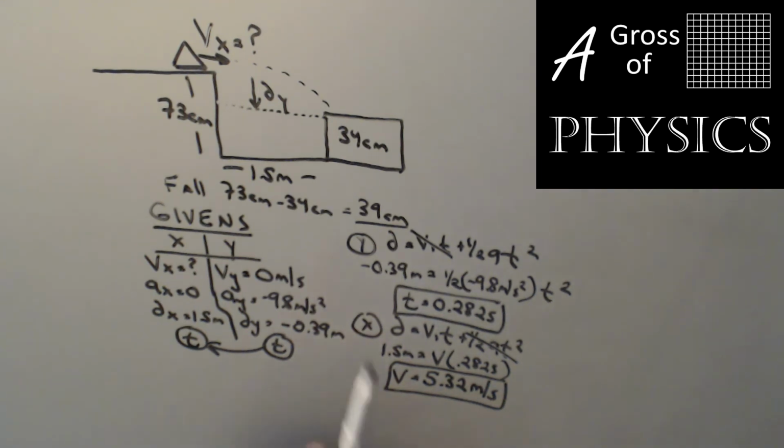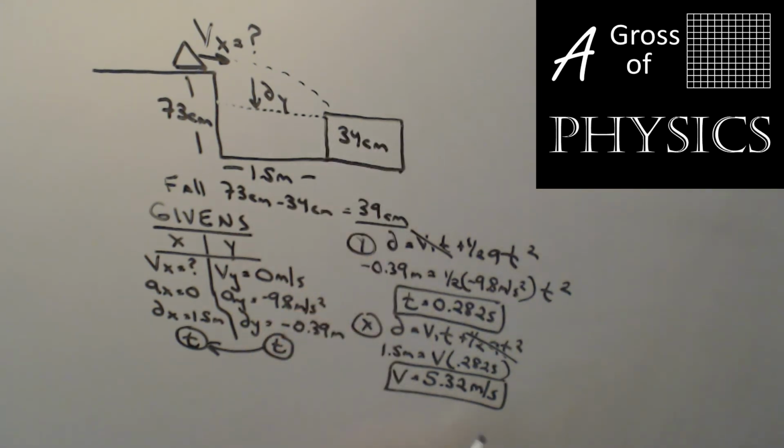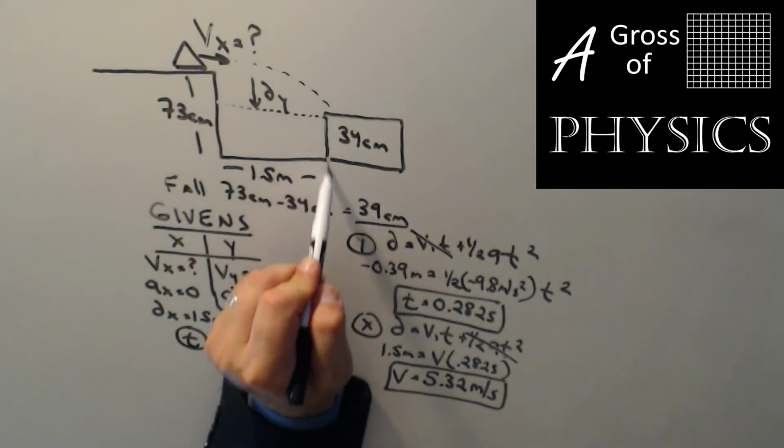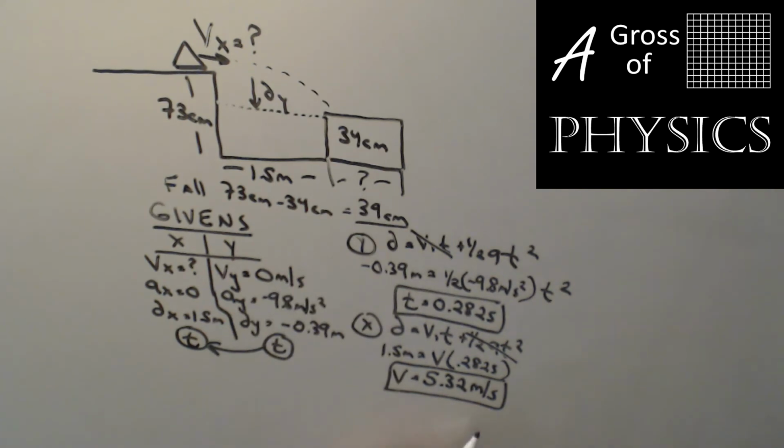What we could also figure out is maybe how far it would go to the end of the recycle bin, and then you'd have to be somewhere within the range. The problem with that is we have no idea how wide the recycle bin is. We just know the height. So we need to measure that first, and then we can find the full range. That would be a good problem too. But this is the answer to the problem we were asked now.